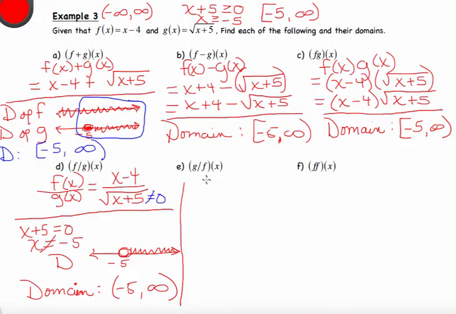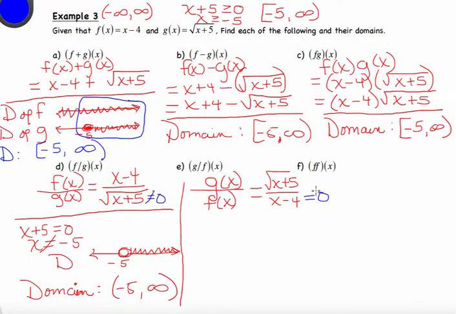All right, g divided by f of x is g of x over f of x. And that is equal to the square root of x plus 5 over x minus 4. And my denominator cannot equal 0 now that I've created a fraction with my new function.